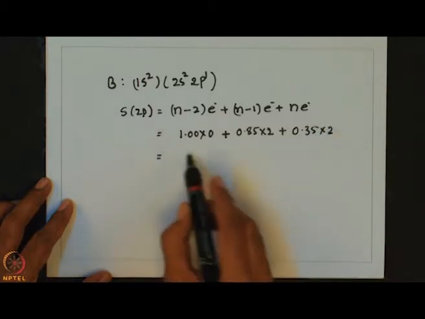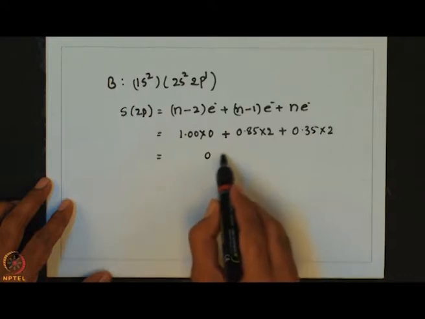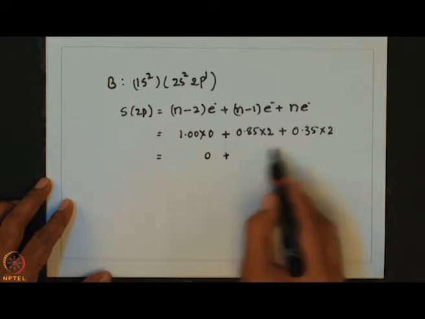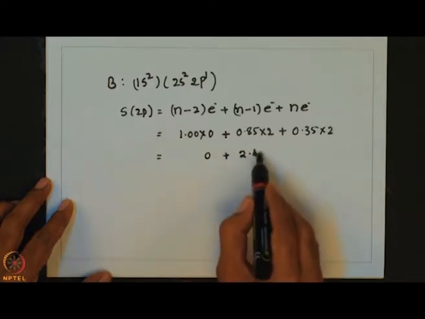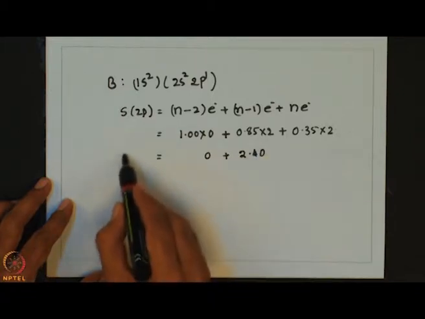So, now this will come around 0 plus, total will be 2.4. So, you can call this S or sigma.